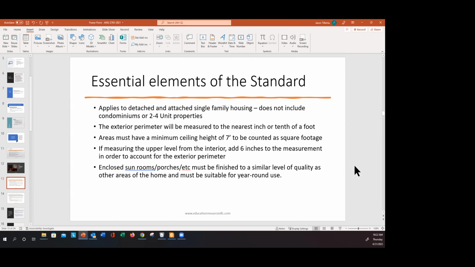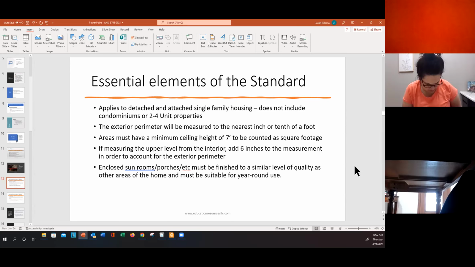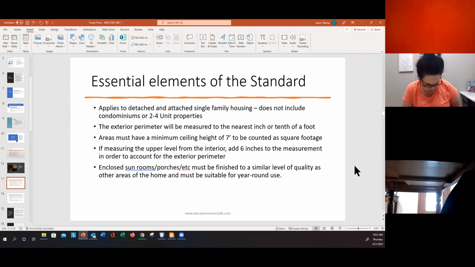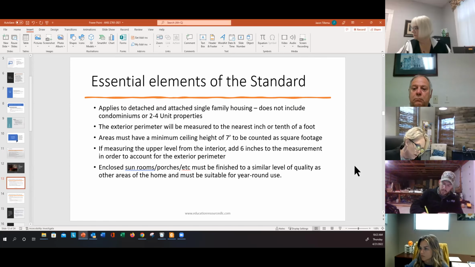So you're measuring the inside because many times they don't even own the framing for a condominium. And so, that's something you really have to take into consideration there. The exterior perimeter is going to be measured to the nearest inch or to the nearest 1/10 of a foot. The majority of appraisers that I've talked to are measuring to the 1/10 of a foot. Quite honestly, it's a little easier and our software is designed for that.